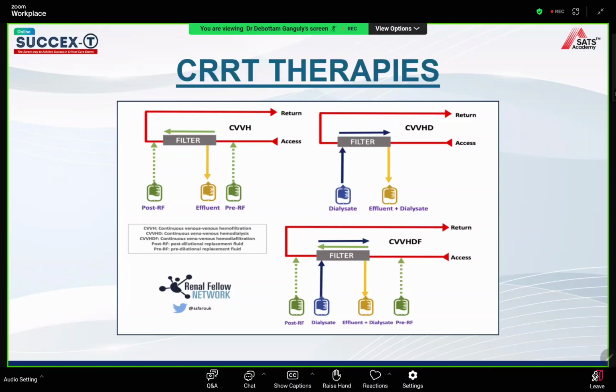Now comes CVVHDF, that is continuous veno-venous hemodiafiltration. In this case, everything can be removed: both high molecular weight and low molecular weight solutes, and the fluid.